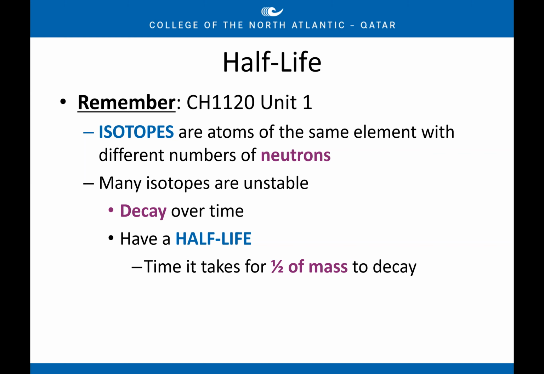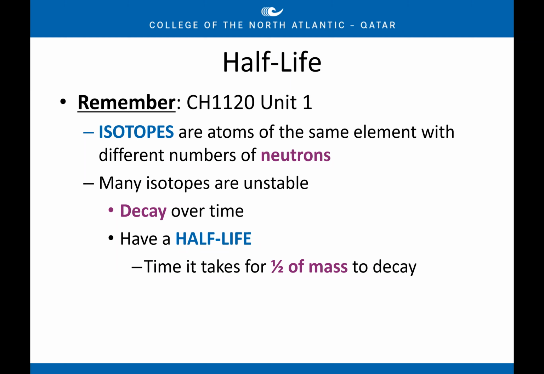So remember Chemistry 1120 Unit 1, isotopes. You guys probably haven't talked about isotopes in a year, or at least since last September. Don't worry, we're not going to be talking about protons, neutrons, electrons, or anything like that, but half-life is something you would hear about in carbon dating.